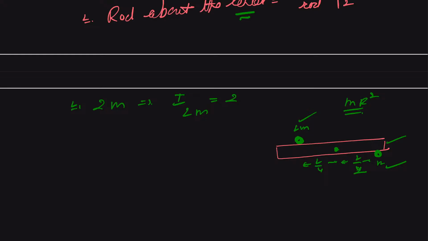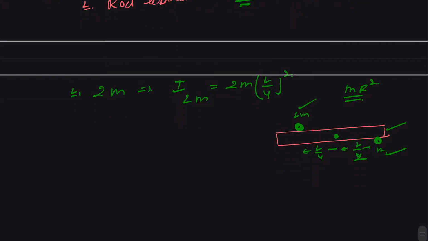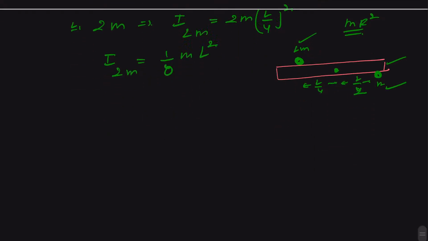So it comes as 2m, and r is the distance. The distance is L by 4 whole square. So we get the moment of inertia of the mass 2m will be equal to 1 by 8 m L square. And then we come to our mass m.